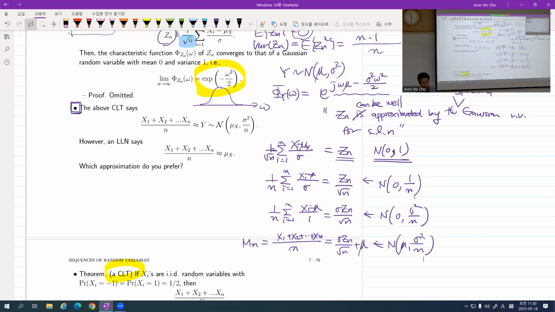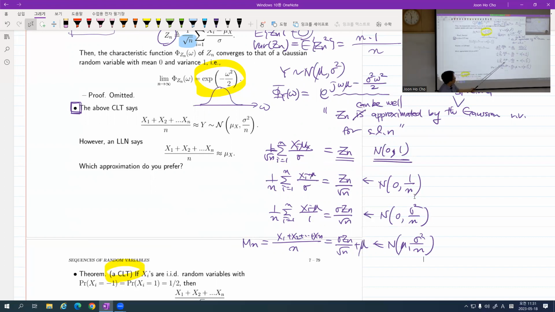However, in the proof, you don't do this. In the proof, you don't show this converges to that one. What you prove is that z sub n converges to the standard Gaussian.